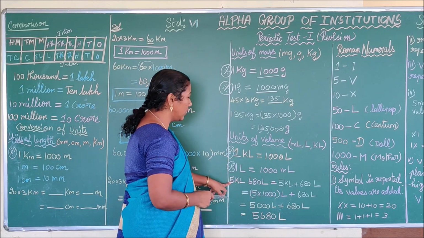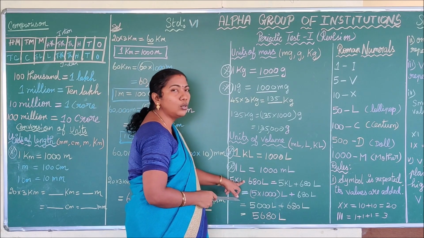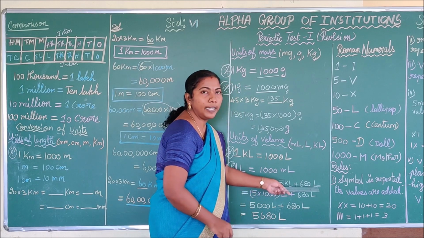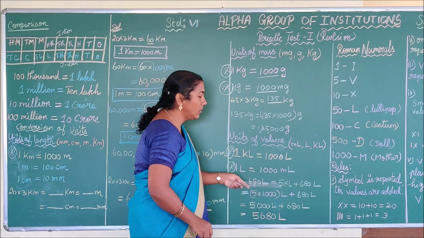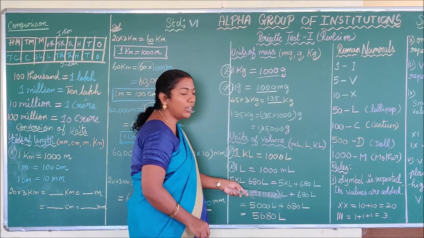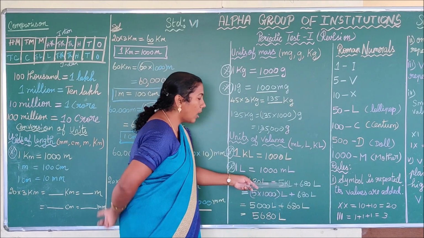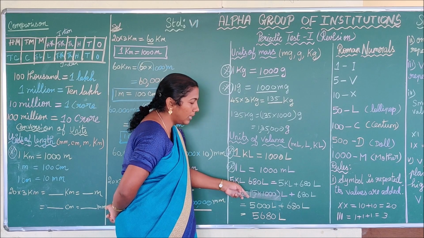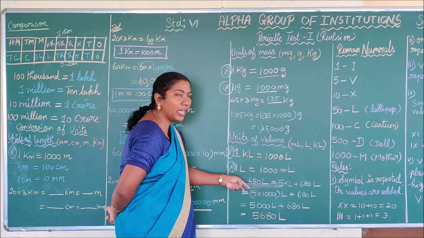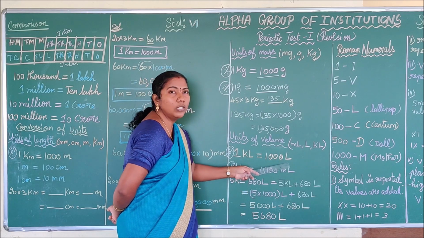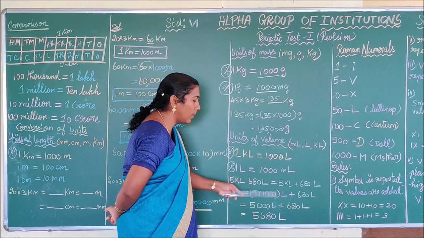See here, the first step is you have to split this into two terms. 5 kiloliter plus 680 liter. Next we are going to convert this kiloliter into liter. Then only we can add this value to the liter values. So to convert kiloliter into liter, you have to multiply this value by 1000. Why? 1 kiloliter is equal to 1000 liters. So we are multiplying this 5 by 1000.